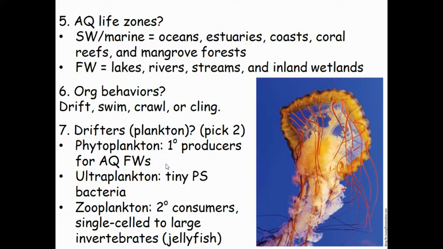So plankton's a perfect example. Phytoplankton are the most important producer on the planet. That organism alone produces the majority of the oxygen in the atmosphere. They're primary producers. Ultraplankton can also use photosynthesis.